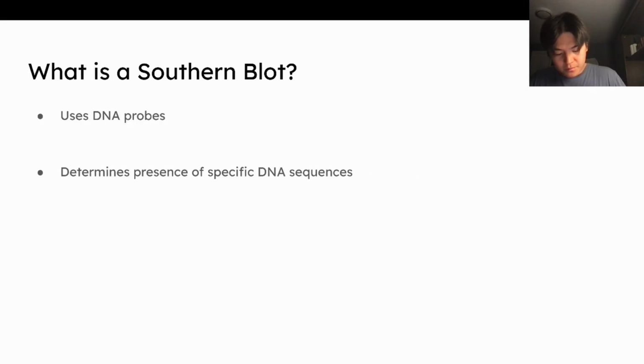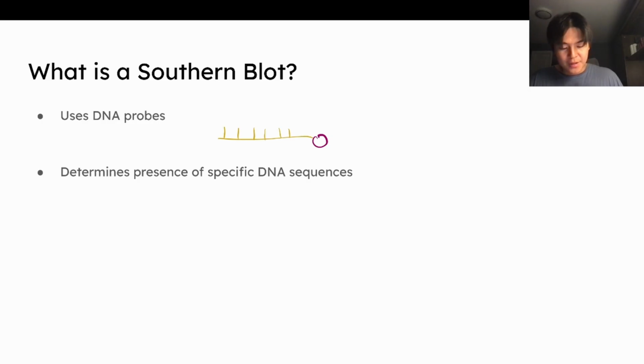Well, that's where the Southern blot comes in. Like I said, it uses DNA probes. So what is a DNA probe exactly? It's basically a single strand of DNA with some base pairs and a fluorescent dye, or some sort of indicator. It could also be radiolabeled phosphate backbones, so that we can detect the different isotope later on through UV-vis, right?